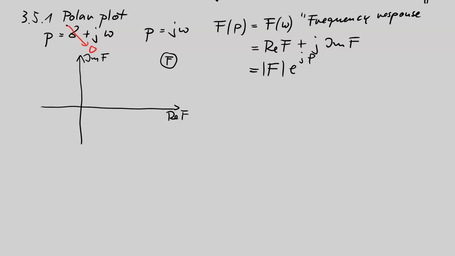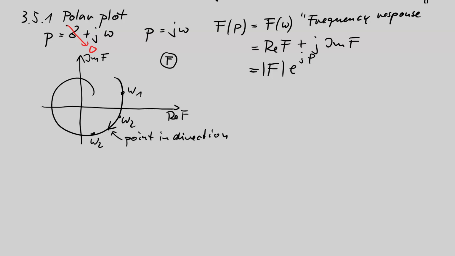So what we can do is draw for each omega one point of F, and then we get a curve like this, where we can say, okay, now this point has omega 1, this point has omega 2, this point appears at omega 3, and as omega is increasing, we make an arrow that points in the direction of increasing omega.